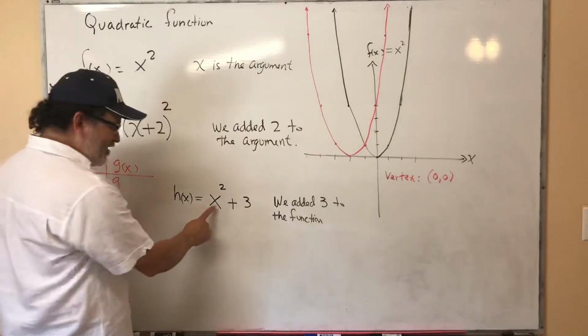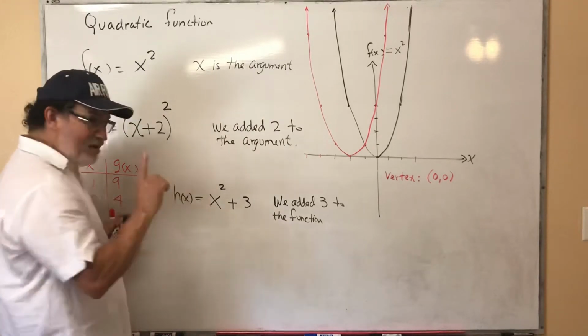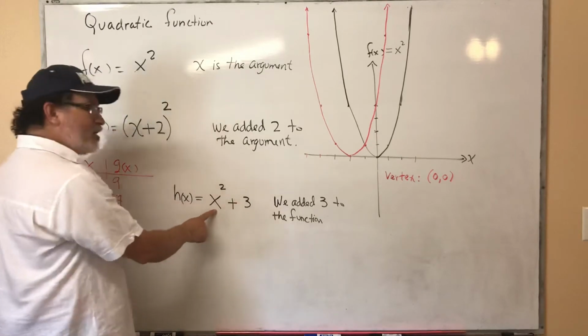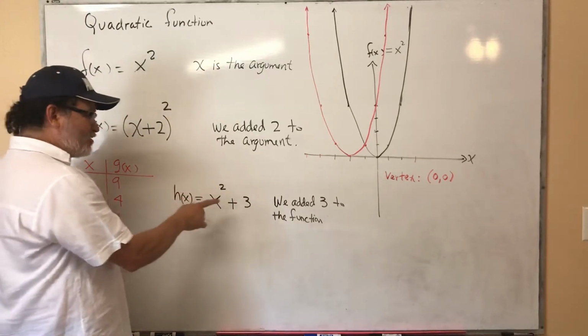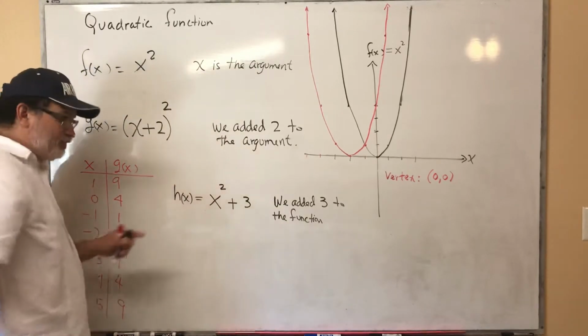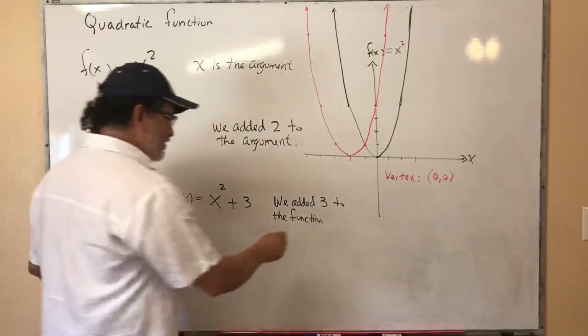But here, x plus 3 is not being squared, no. This 3 is added to x squared, different. So here, this 3 is being added to the function f of x. This is f of x. That's why.